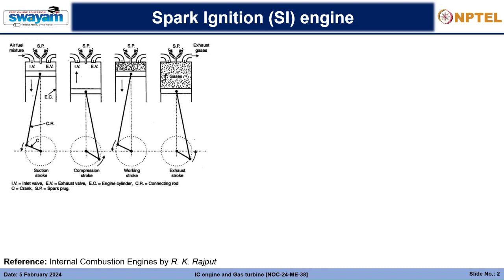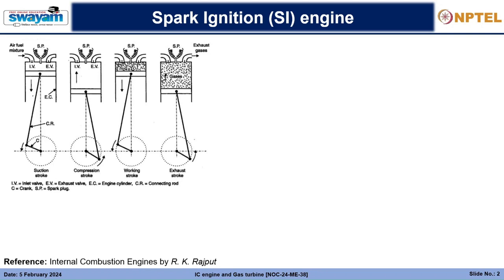So before learning the Otto cycle, we should know what a spark ignition engine is, how it works, and what the different processes associated with it are. Here I'm showing a four-stroke spark ignition engine, whereas there can be two-stroke SI engines as well, and we'll only concentrate on the four-stroke in this course.